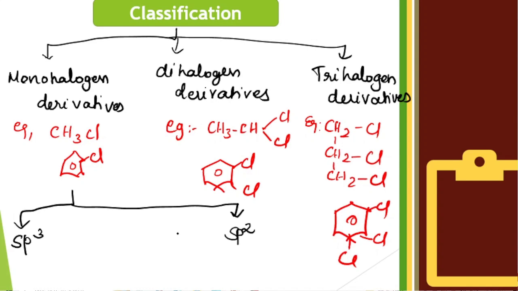The carbon having sp3 hybridization is attached to the halogen, or the carbon having sp2 hybridization is attached to the halogen. sp2 means it is a double bond, you know; sp3 is a single bond. Now, this sp3 hybridization is divided into three types, which we will see on the next slide, and sp2 hybridization is divided into two types. Now let us see the two types and the three types.